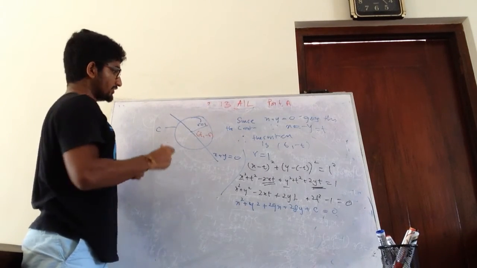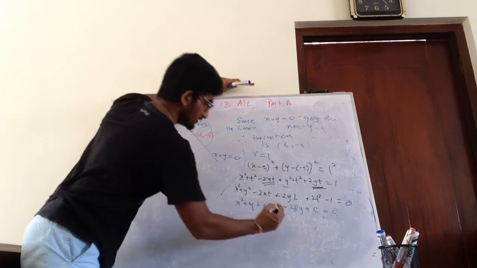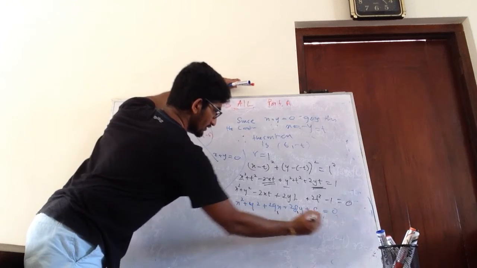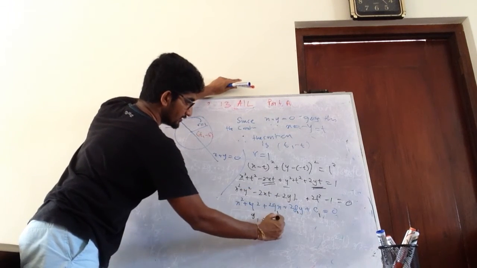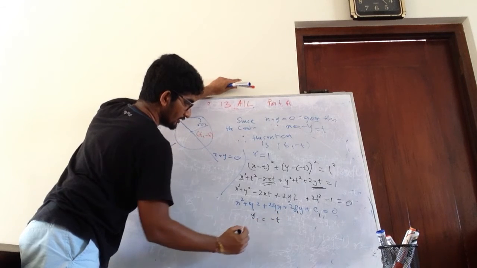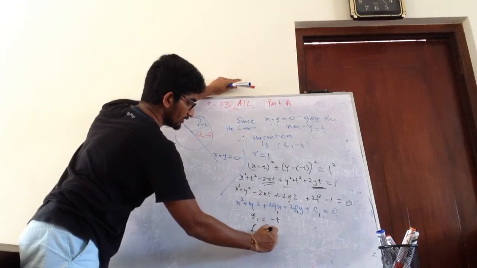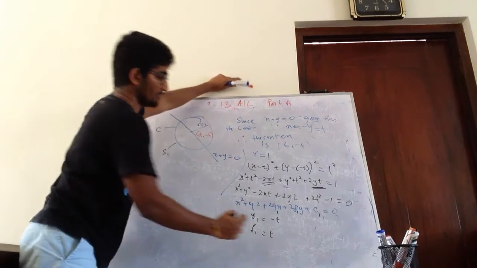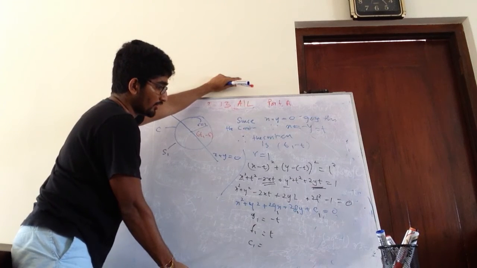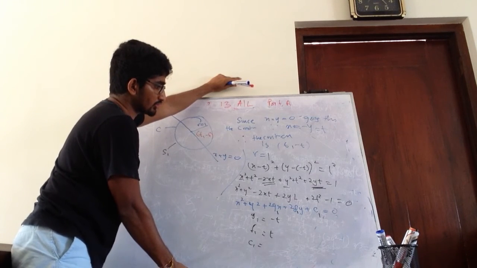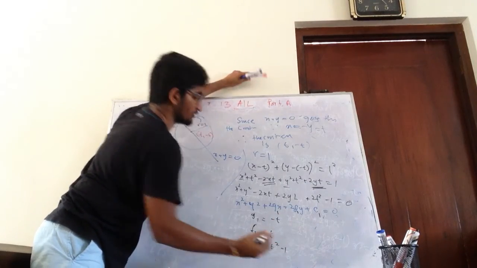Okay, so if I consider this as curve S1, this will become G1. So where G1 is going to be minus T, and F1 is going to be T, and C1 is going to be 2T square minus 1.